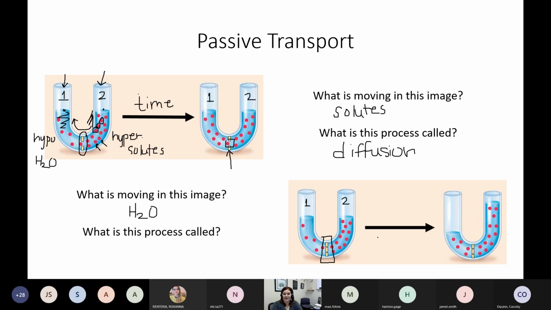So let's think about this. When I'm looking at my 2 tubes, like we did up above, I'm a water molecule that lives here. I'm a water molecule that lives here. When I start bouncing around here inside 2, a lot of the time I'm going to bump into all these solutes. There's so many solutes over here. If I'm a water molecule over here, I'm going to bounce around some. Oh, there's one.